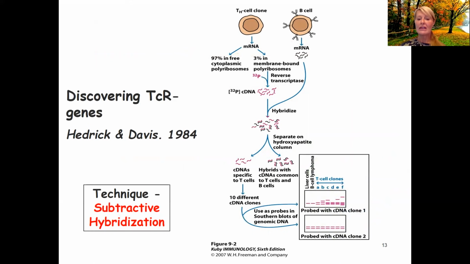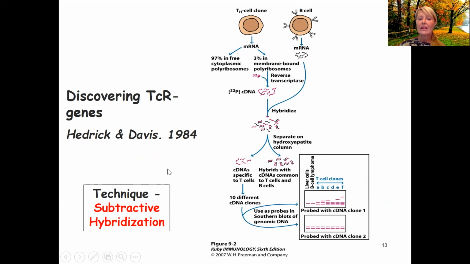Now we're going to have a look at this experiment, because that's another one of these experiments that's super important to understand. This is how the gene structure was determined. These experiments were done in 1984 by Hendrick and Davis. There was also another group at the University of Toronto that did similar experiments, and they used a technique, which you should understand, called subtractive hybridization.